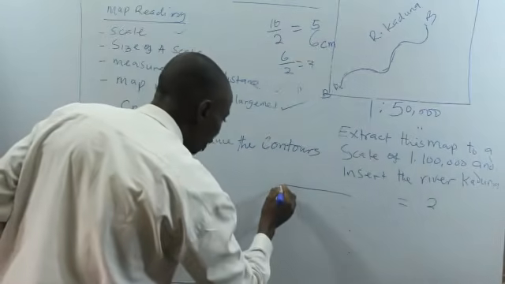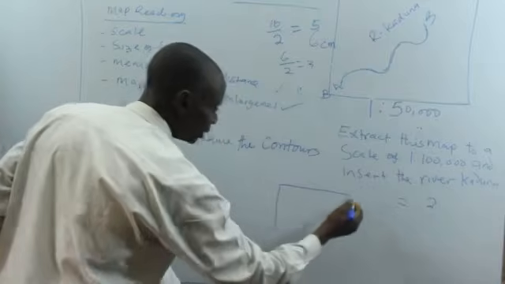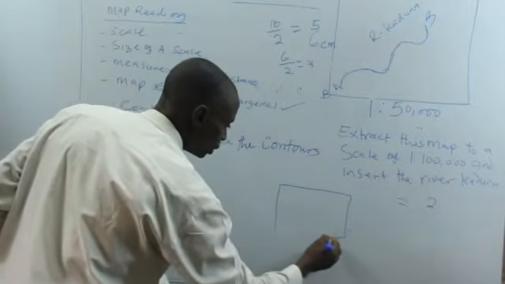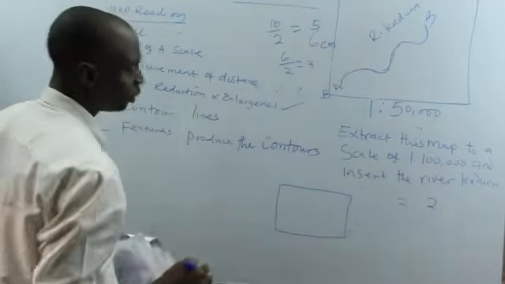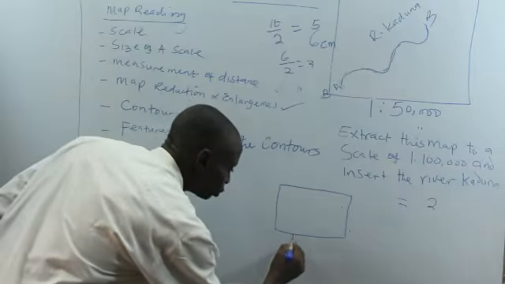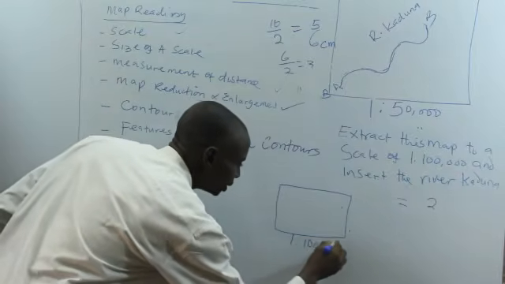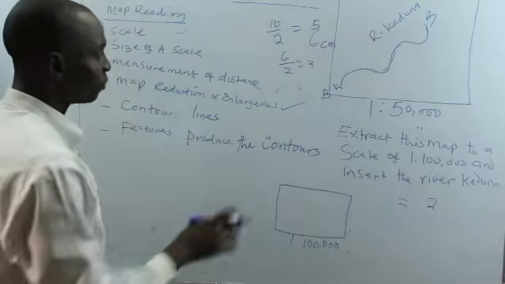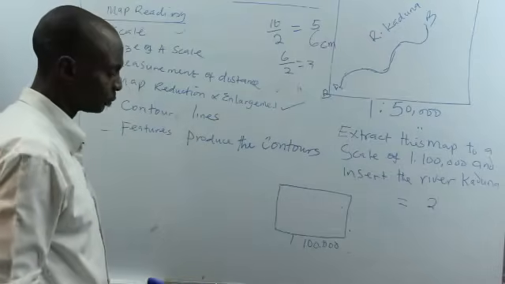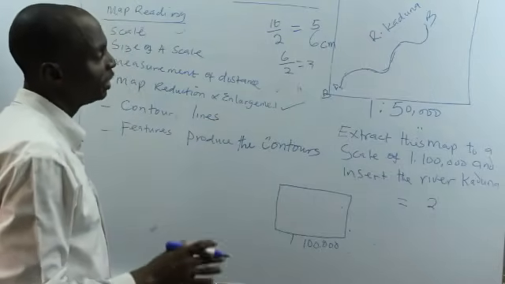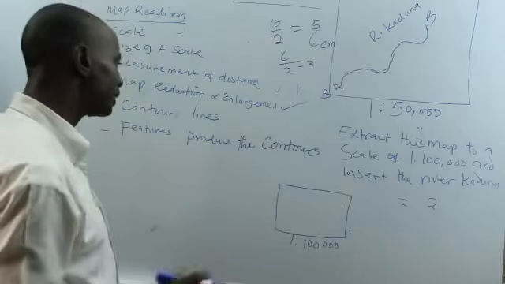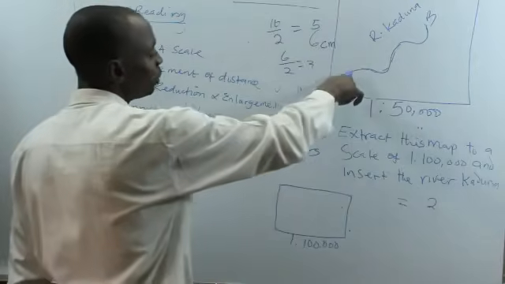So you are going to have 3 here. Then this is now your new map. Bring down your scale immediately. 1 is to 100,000. You have now reduced this map. The next thing is, how are you going to insert this?